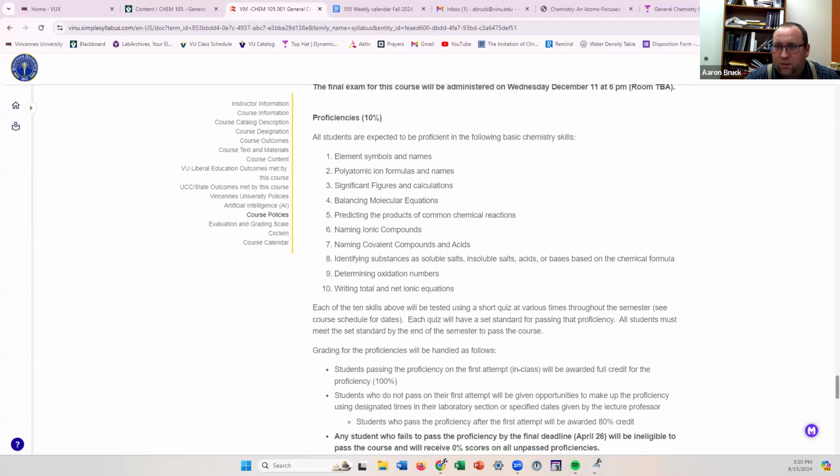And just to give you an example, Gen Chem 1, Chem 105 is the first part in a two-part series. There's a General Chemistry 2. Now, not every student has to take General Chemistry 2. It's based on their own majors and what field of study they're going into, but a lot of people do. And one of the things that we assume in General Chemistry 2 is that you know how to balance ionic equations.